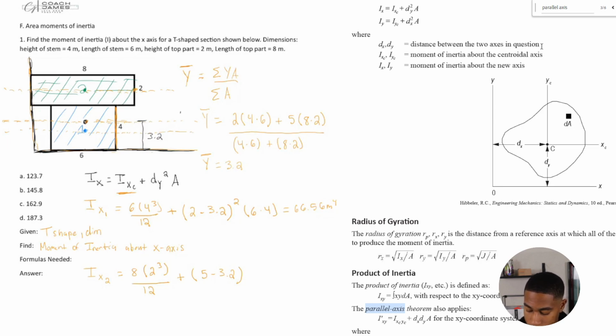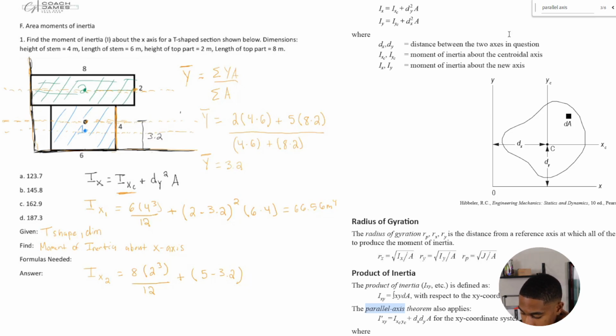So you just want to find the distance between the centroid of your individual pieces versus the centroid of the entire shape. And once you're able to do that, that is your dy. That's the distance between the two axes in question. Okay.